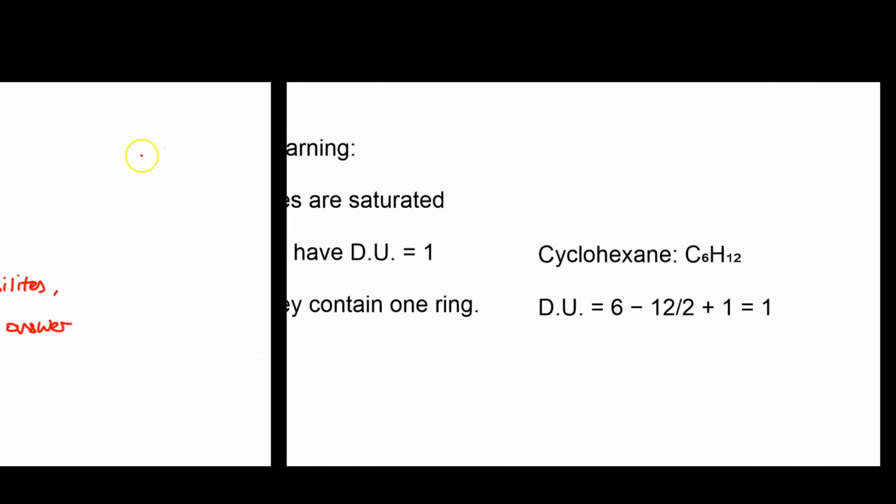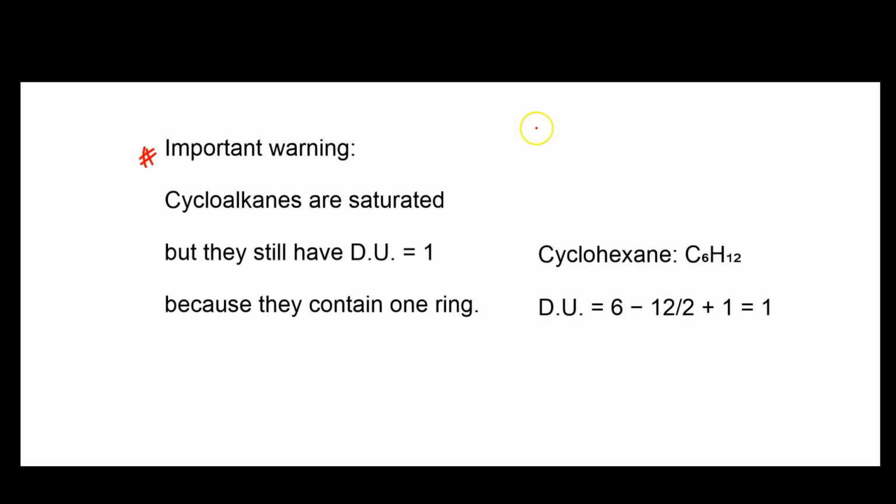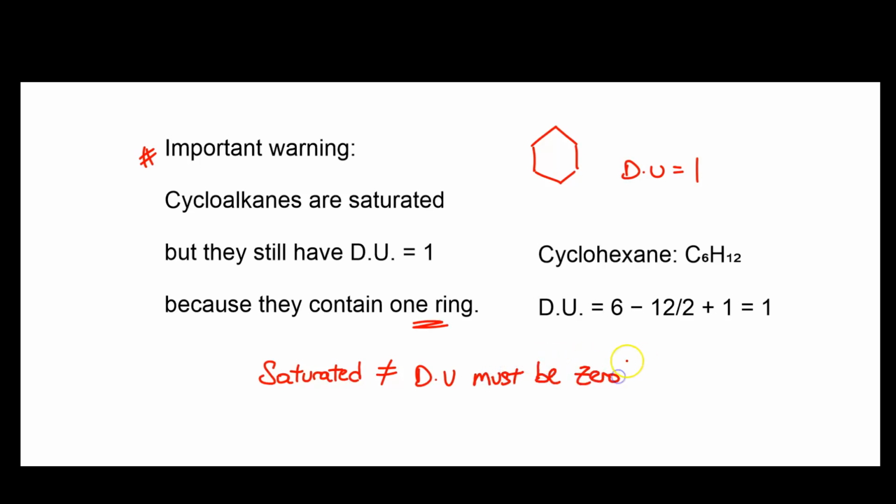Here is an important warning. Cycloalkanes, for example cyclohexane, are saturated because they contain only single bonds, but they still have DU equals 1 because they contain one ring. So saturated does not always mean DU must be 0.